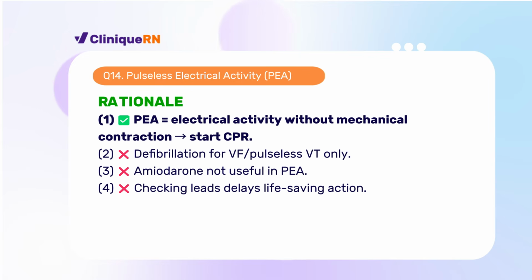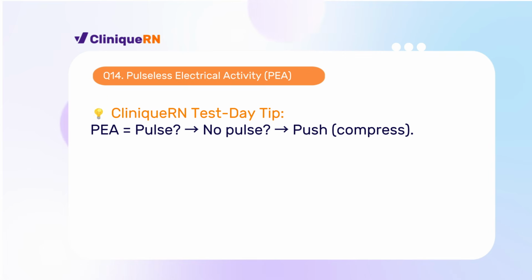Defibrillation for VF/pulseless VT only. 3. Amiodarone not useful in PEA. 4. Checking leads delays life-saving action. CliniqueRN tip. In pulseless electrical activity, PEA, first check for a pulse. If no pulse is present, immediately begin chest compressions.